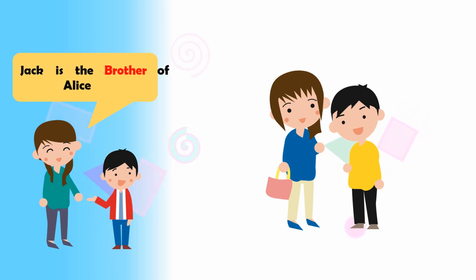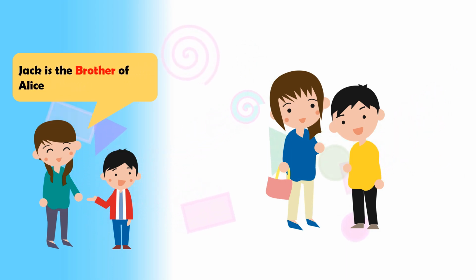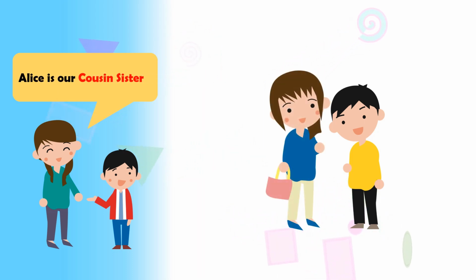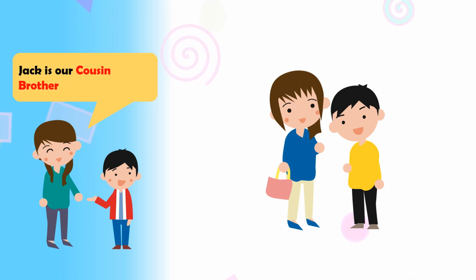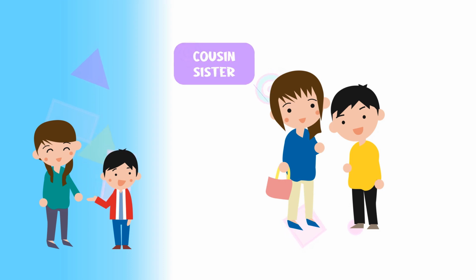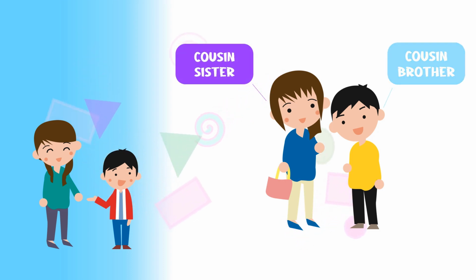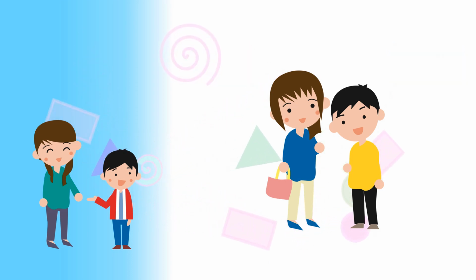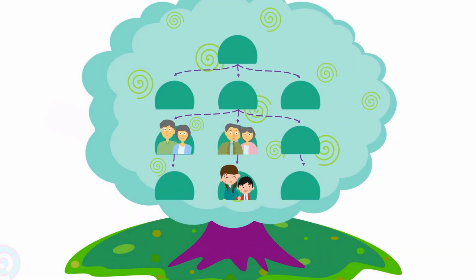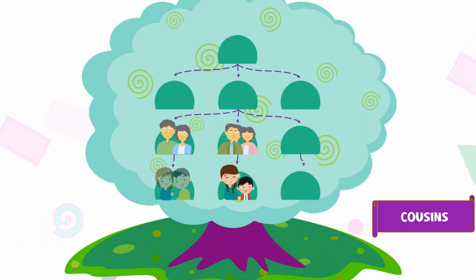Jack is the brother of Alice. Alice is our cousin sister. Jack is our cousin brother. They are our cousins.